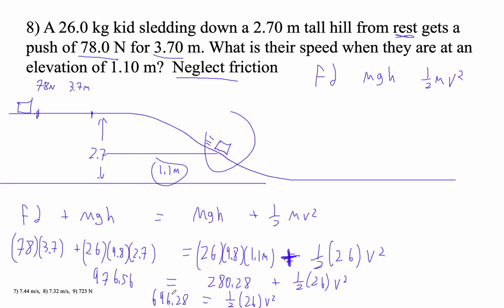All right, so take that number and multiply by 2 to get rid of the 1/2, divide by 26, and I get that 53.56 is v squared, and then I'm going to square root both sides, right? And I get 7.318, so 7.32 meters per second. All right.